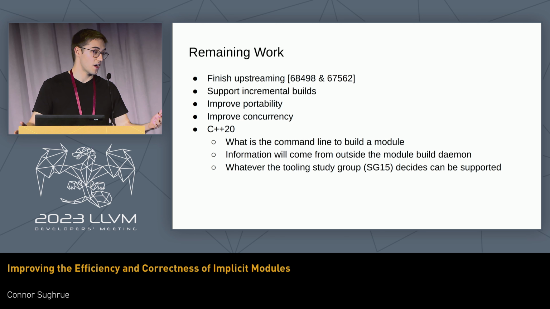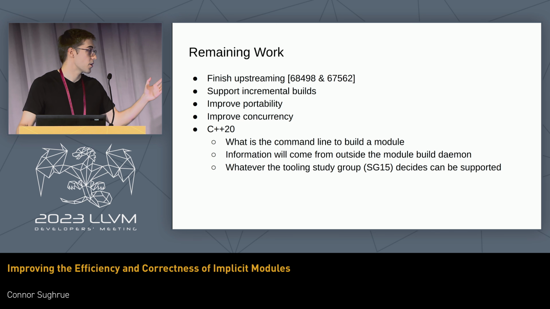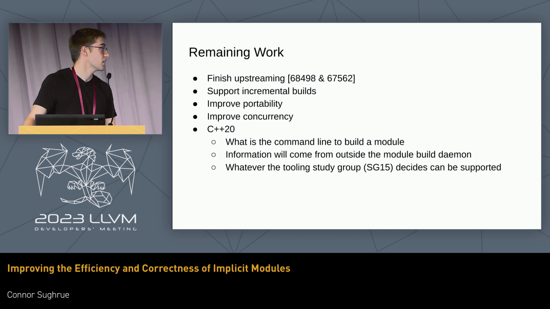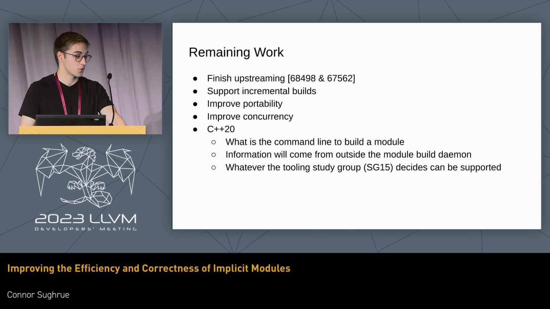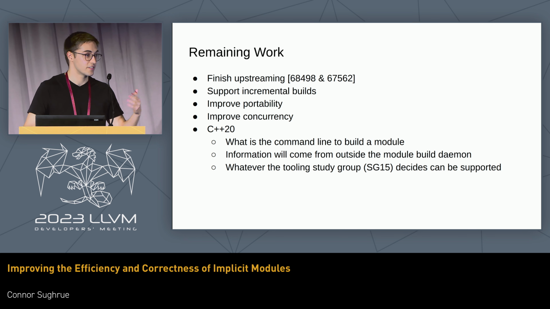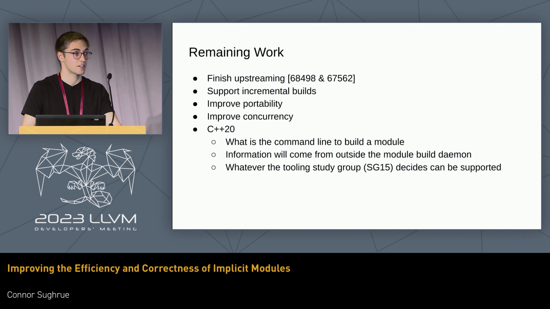There's a lot of work that's been done, but there's still a lot of work remaining. One of the top priorities is to finish upstreaming some of the existing patches. Those are the GitHub pull request numbers for what's been posted. One of the big things we want to do is support incremental builds, which includes being a bit smarter about how we're managing the cache, and also saving the dependency graph so that the next time you want to build the project, it can be picked up and some of the work can be saved.